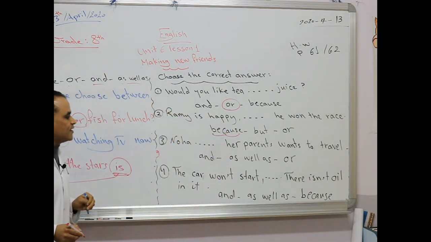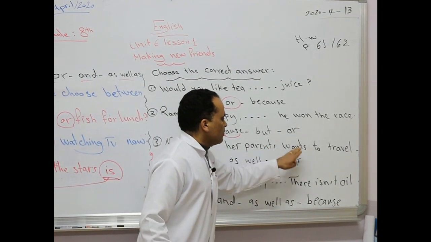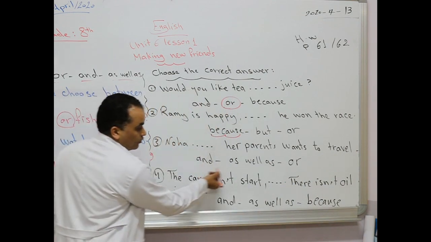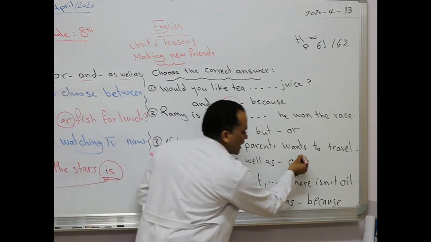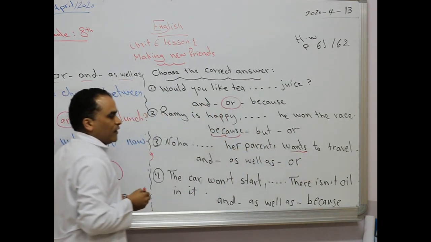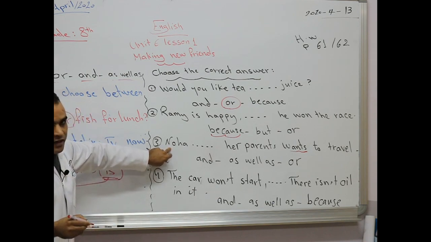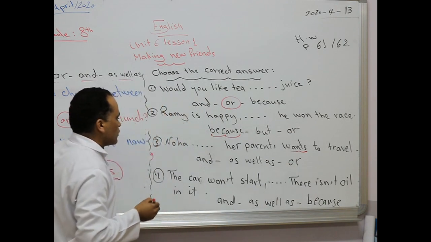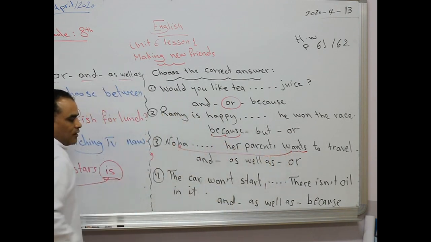Number 3, Noha as well as her parents wants to travel. And or as well as? It depends on the verb. If the verb is singular, we use as well as, according to the first subject.